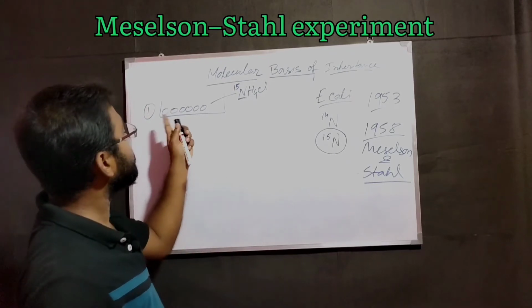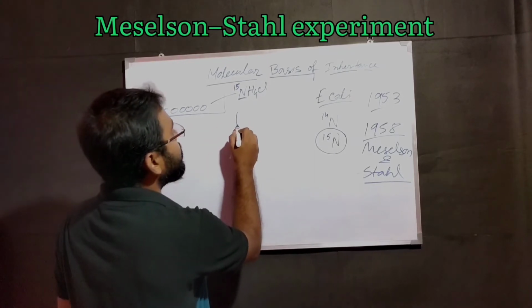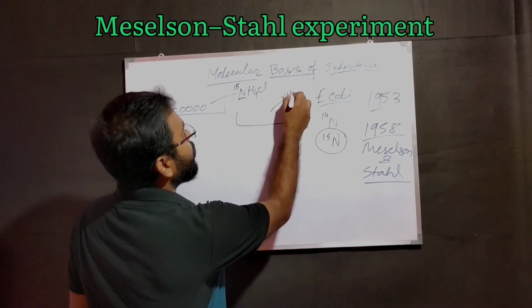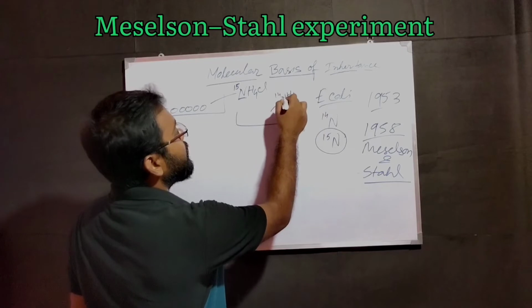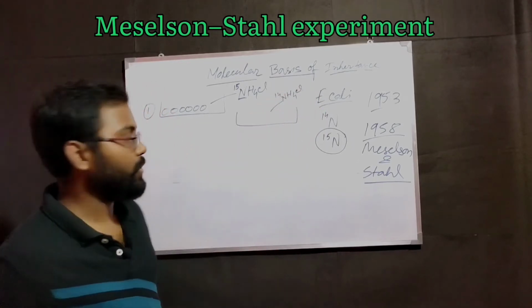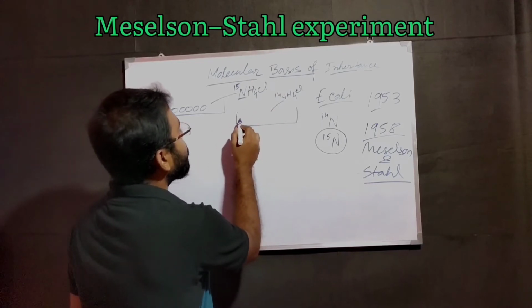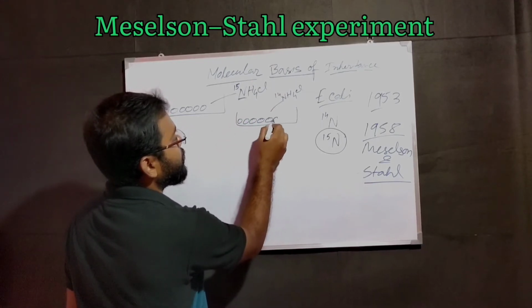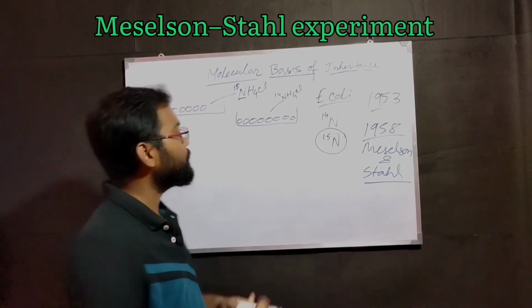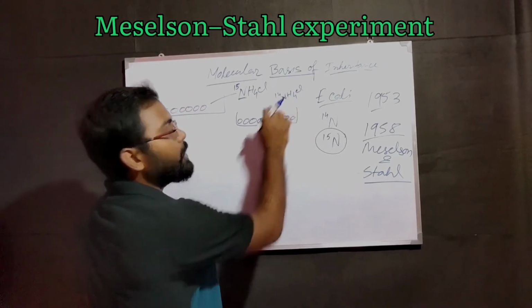Next, they transferred this bacteria into a culture medium containing N14 ammonium chloride. This is the normal ammonium chloride, and let them reproduce. When they replicate their DNA, they use N14 in this case.